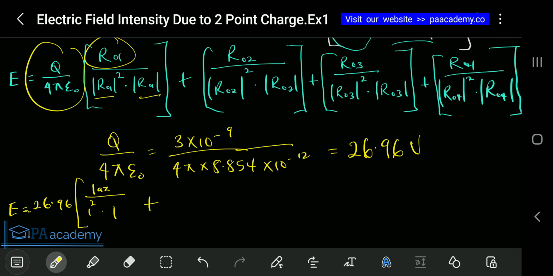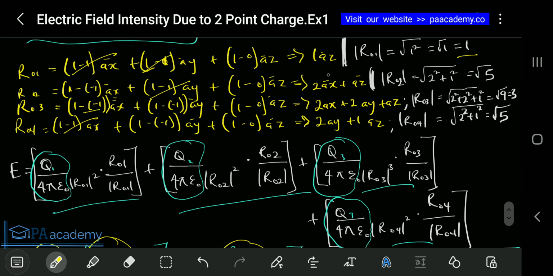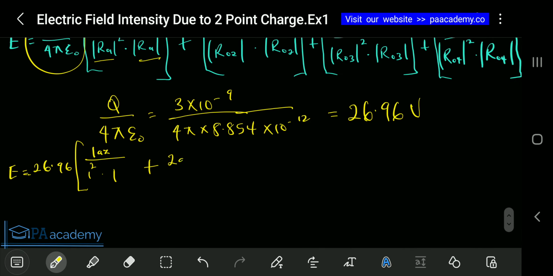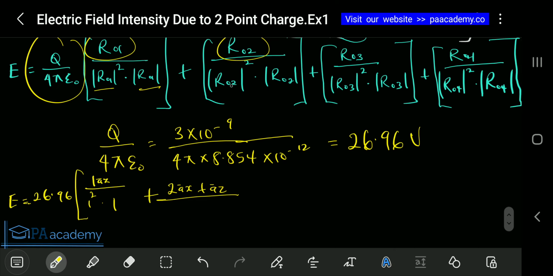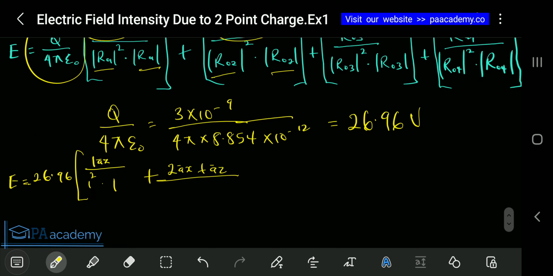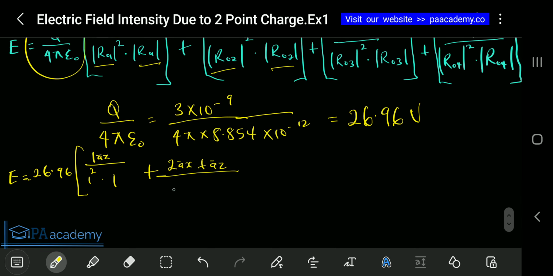So plus, now for RO2, that's the unit vector RO2, we've gotten it to be 2AX plus AZ, over the magnitude of RO2. Okay, so that's root 5. So root 5 squared, let me just write it out. Root 5 squared multiplied by root 5.